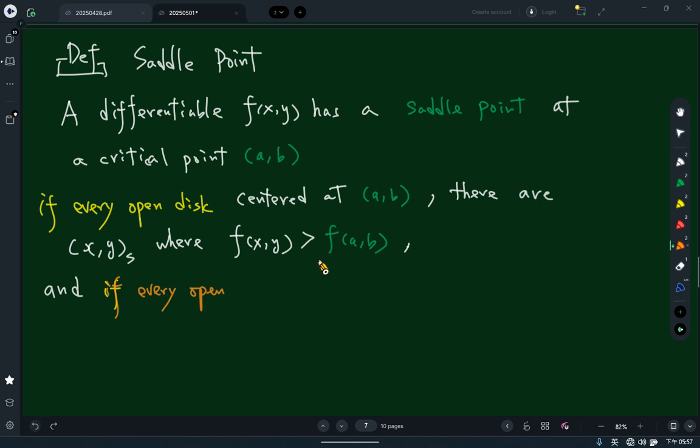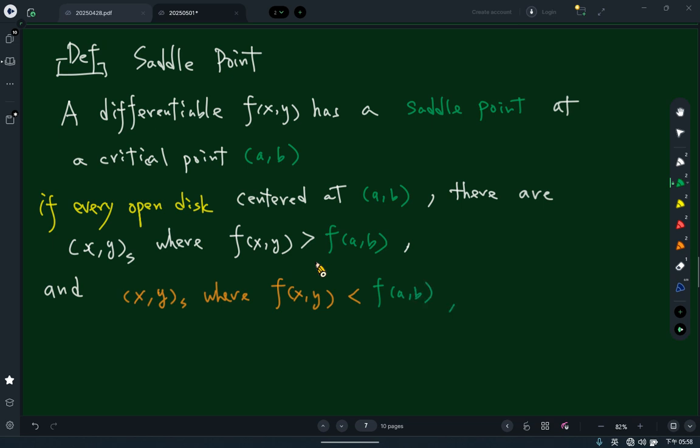So there are some x, y where f of x, y is larger than f of AB, and there are also some x, y where f of x, y is less than f of AB.